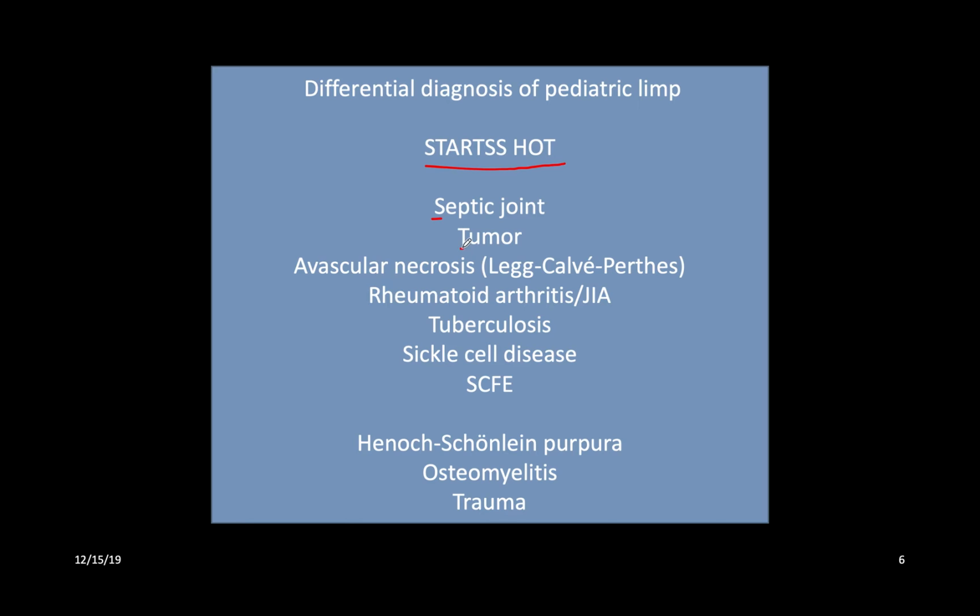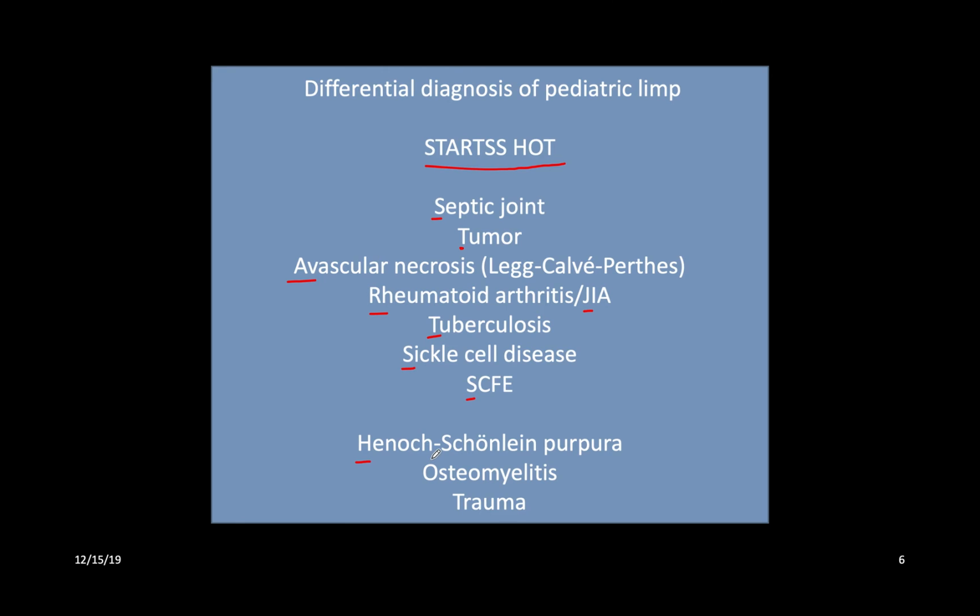You could have a tumor. Avascular necrosis is the A of STARTS HOT. Rheumatoid arthritis or juvenile idiopathic arthritis, or juvenile inflammatory arthritis, tuberculosis, sickle cell disease, which would be avascular necrosis as well, slipped capital femoral epiphysis, Henoch-Schönlein purpura.